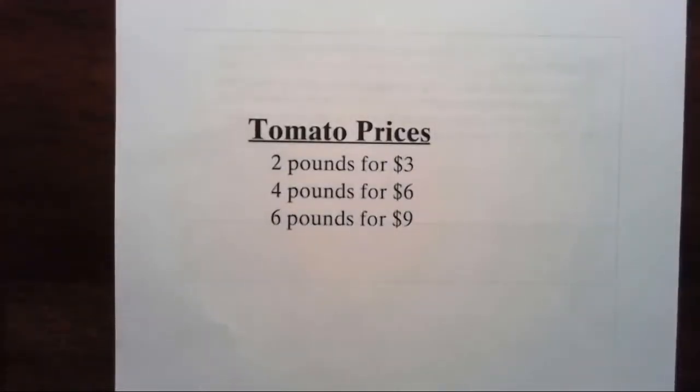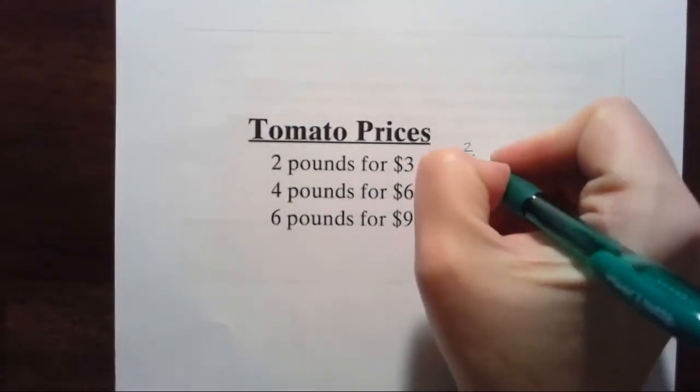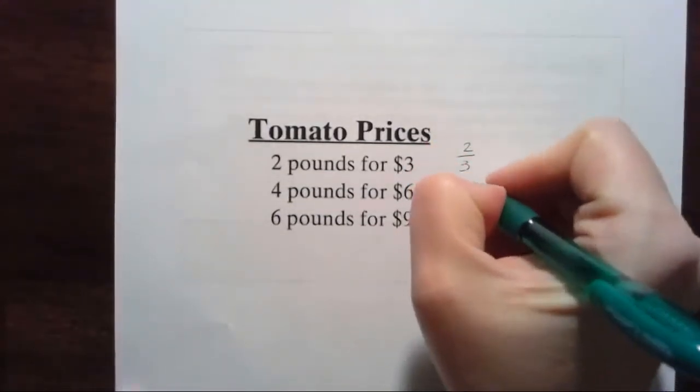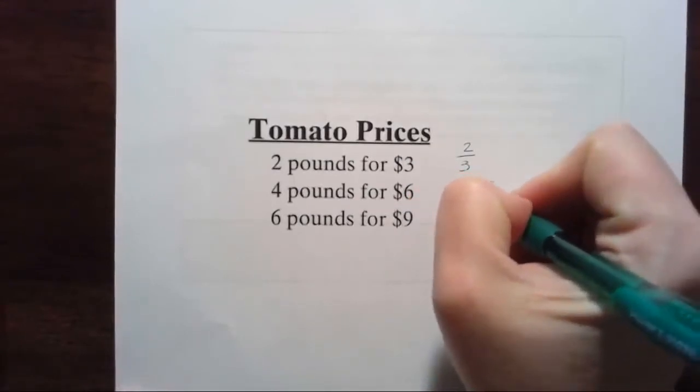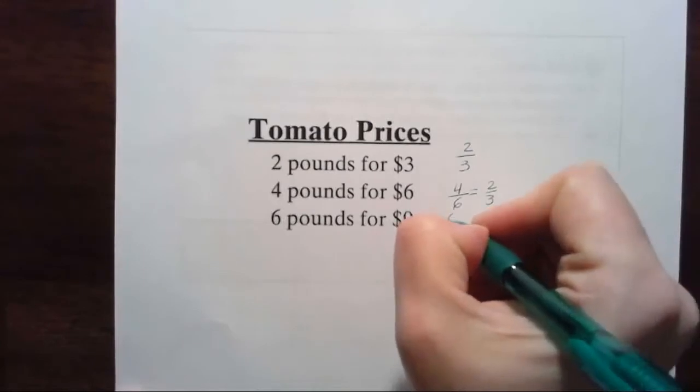Here's a question for you. Is this relationship proportional? I have 2 pounds of tomatoes for $3, 4 pounds for $6, and 6 pounds for $9. Is it proportional? Let's pause it, think, and come back. Welcome back. Let's look at our ratios. 2 pounds for $3, 4 pounds for $6, but if I reduce that fraction, that's also 2/3.